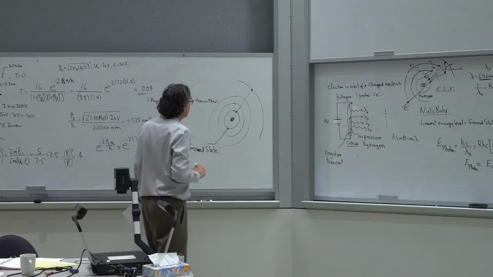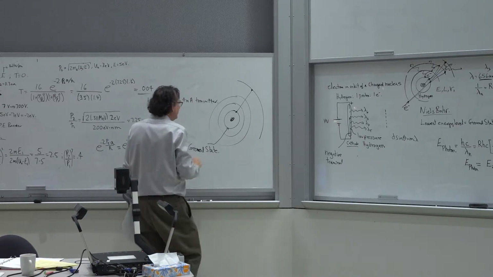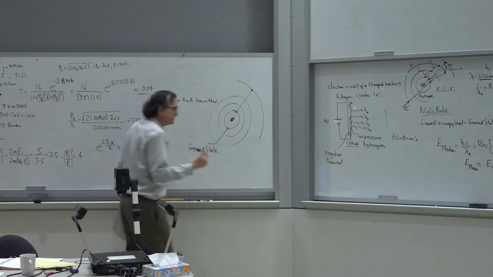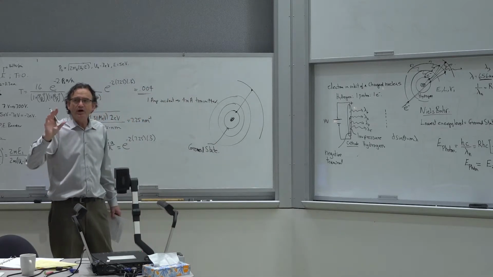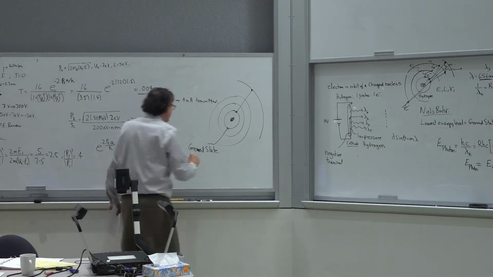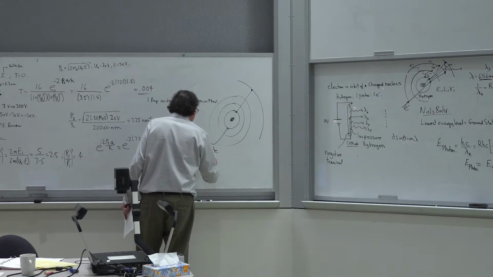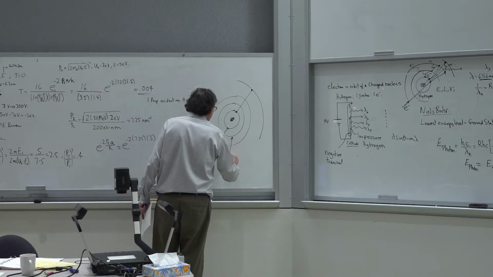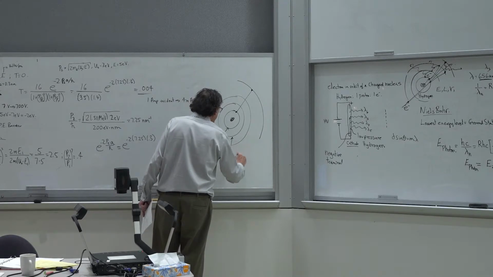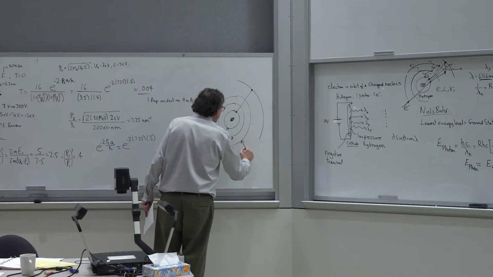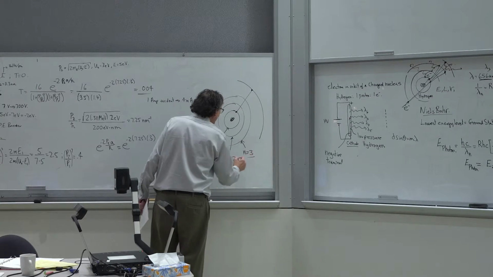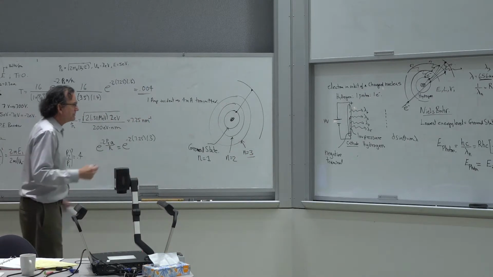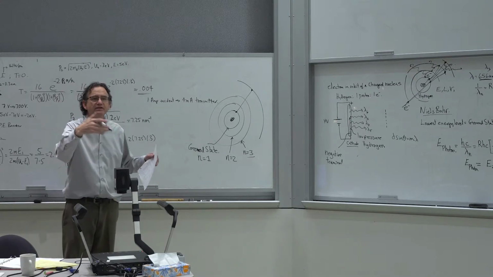Now, because we're talking about energy levels and orbitals, and we've already looked at this a little bit from the point of view of particle in a box, the ground state energy would be one where the quantum number is n equals 1. This will be an energy level where the quantum number is n equals 2, and this will be one where the quantum number is n equals 3. So far we haven't defined where those numbers come from, but it's a way of labeling the different energy states.